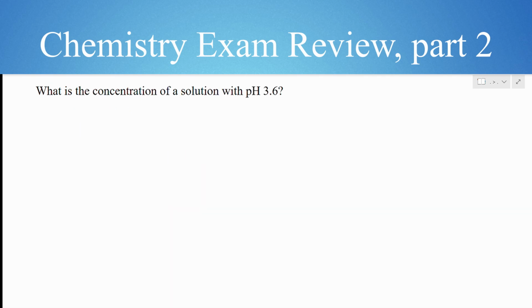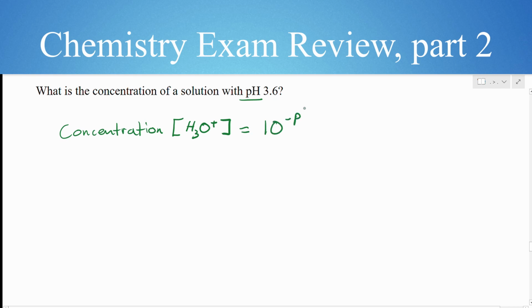What is the concentration of a solution with pH 3.6? Alright, so another thing, we're going to deal with pH and concentration. When we do this, we need to find concentration now. So concentration, also written as the brackets that have the hydronium ion or the H+ ion, will be equal to 10 to the negative pH.